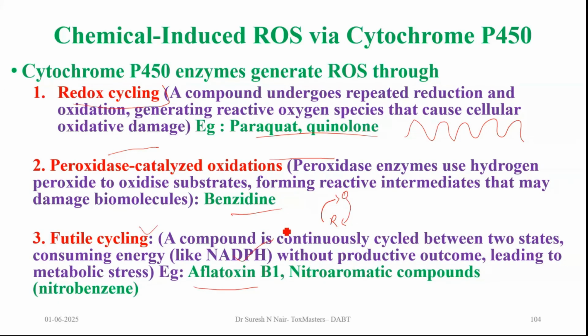When such a compound is continuously shuttling between the oxidized and reduced state, the cell becomes deprived of oxygen. And when the cell continuously undergoes hypoxia, the chances of the cell converting to a tumor cell are higher, because tumor cells are always microaerophilic.